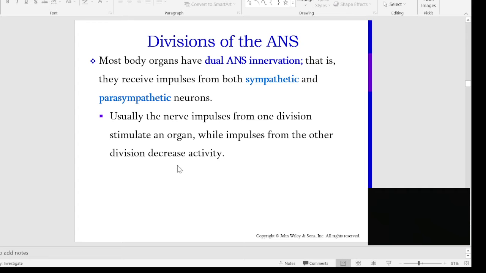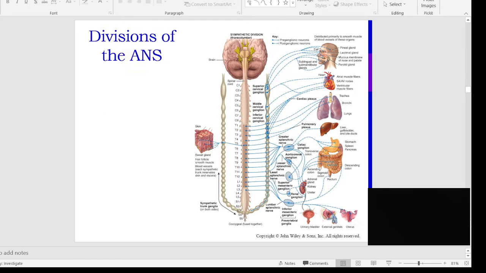What is the activity of the sympathetic and parasympathetic? Usually their functions are opposite. If the sympathetic increases, the parasympathetic decreases. So their functions are contradicting. These are the divisions of your ENS.